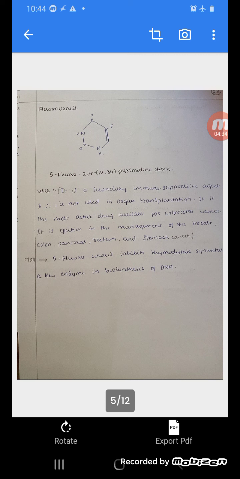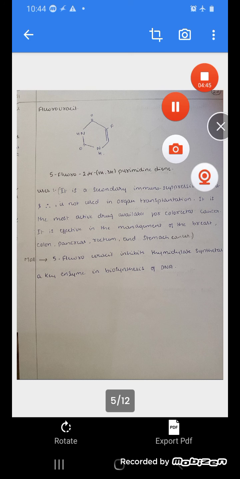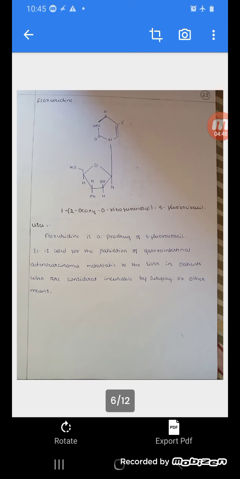Coming to mechanism of action, 5-fluorouracil inhibits thymidylate synthase, a key enzyme in biosynthesis of DNA. Floxuridine is a prodrug of 5-fluorouracil.